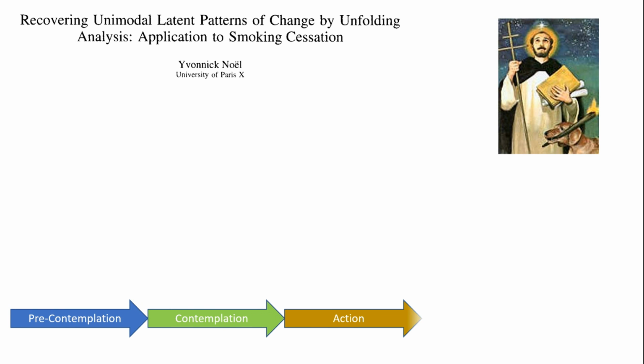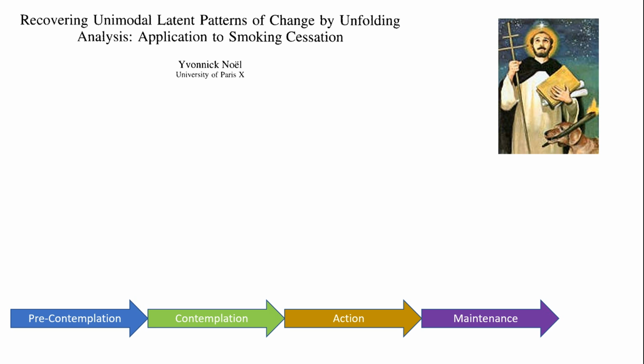This is an article published in 1999 where the author used item response theory thinking to examine the stages of change. So I assume that you're all familiar with pre-contemplation, contemplation, action, and maintenance as people move through recovering from substance abuse.